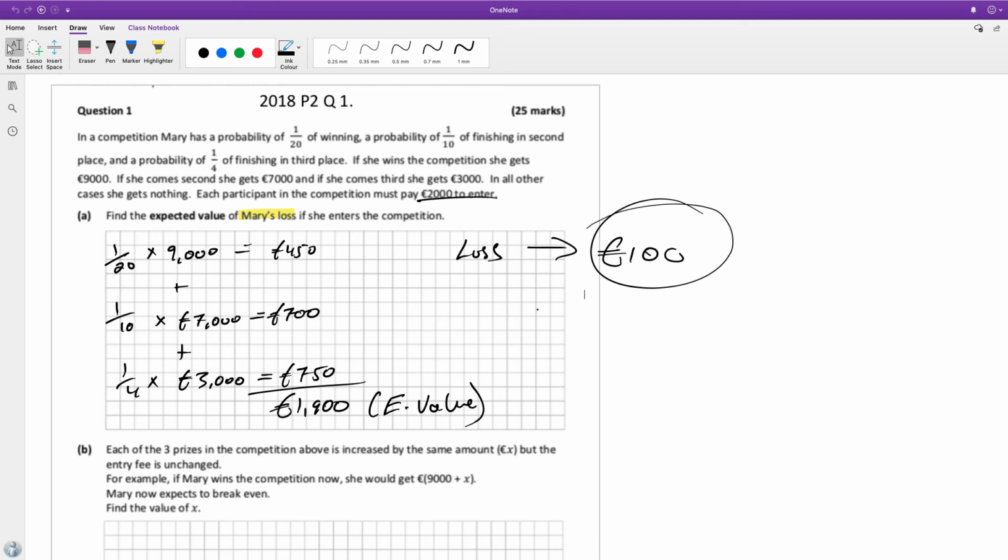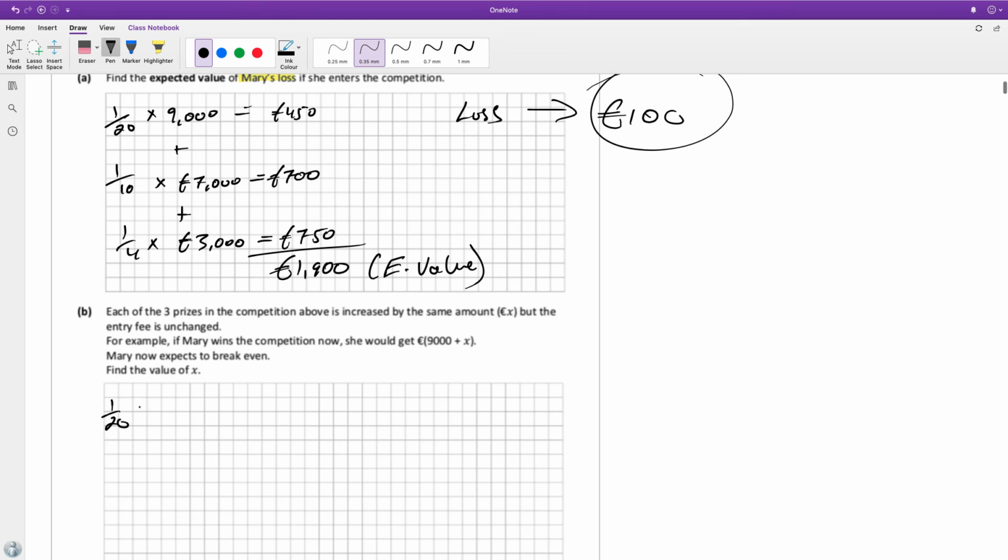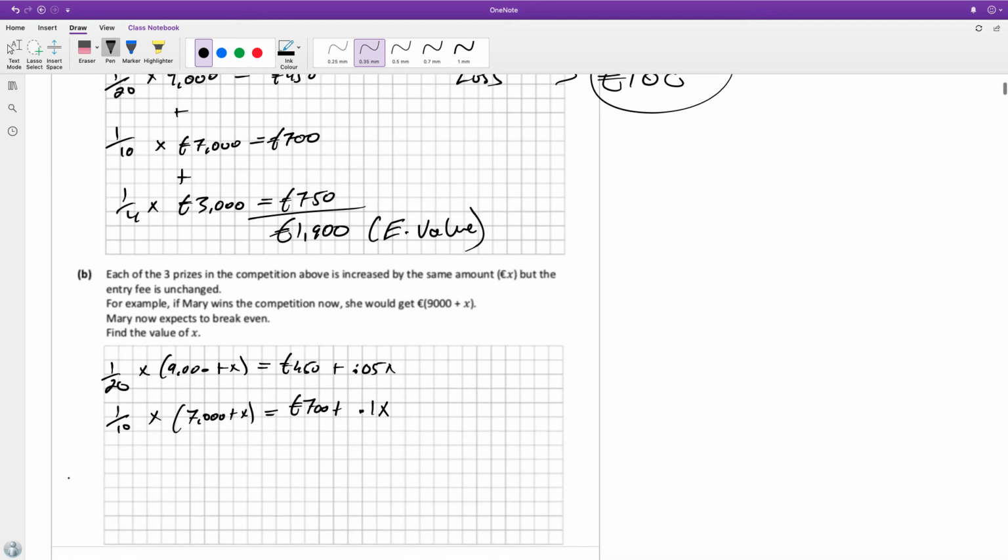Right, let's have a little look at it. So 1 over 20 multiplied by 9,000 plus x is 450 plus x divided by 20, which is 0.05x. 1 over 10 multiplied by 7,000 plus x is 700 plus 0.1x, and 1 over 4 multiplied by 3,000 plus x is equal to 750 plus 0.25x.